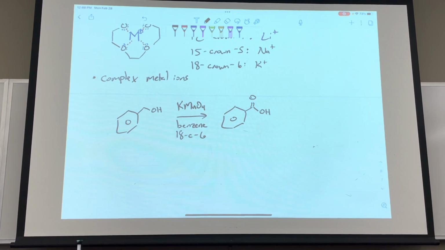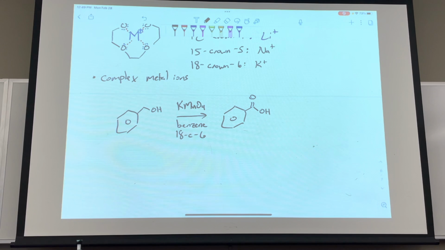And you can see this quite dramatically. Like I said a minute ago, if you took potassium permanganate and threw it in benzene, it would sink like a stone and just sit as this purple colored solid surrounded by benzene. As soon as you chuck in 18 crown 6, the entire thing flashes brilliant purple as the permanganate gets dissolved because it no longer has its counter ion.